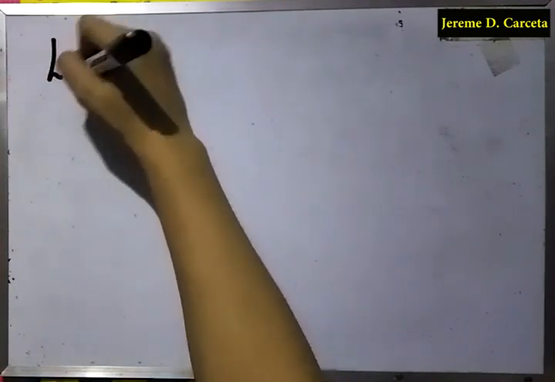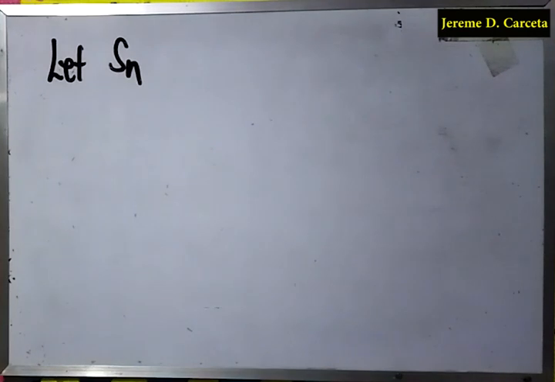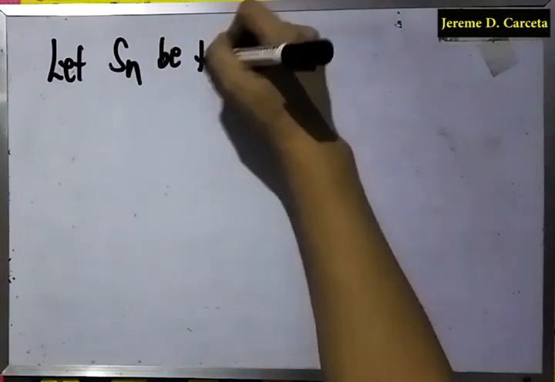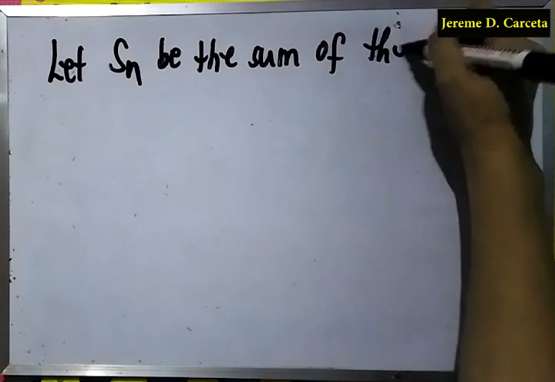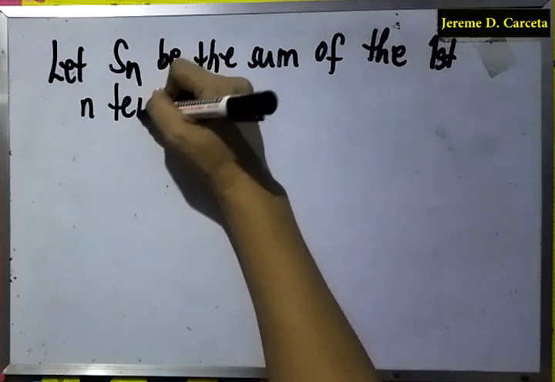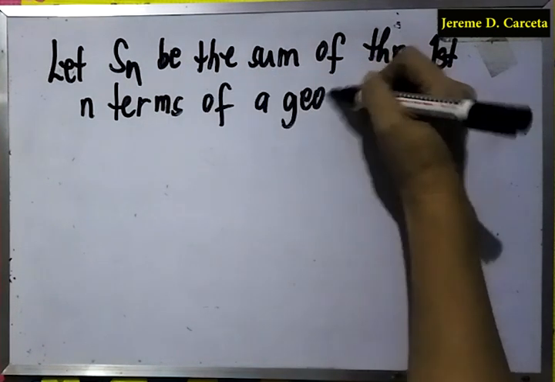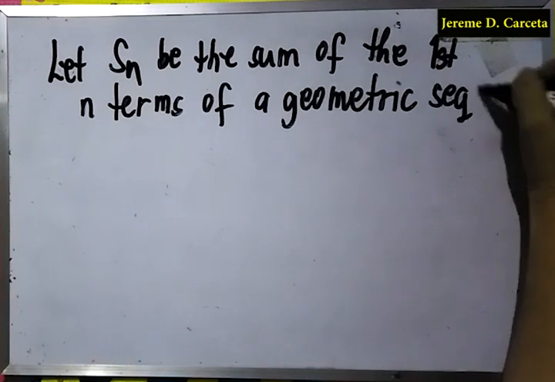Let us have S sub n, where S denotes the sum of the terms, be the sum of the first n terms of a geometric sequence.